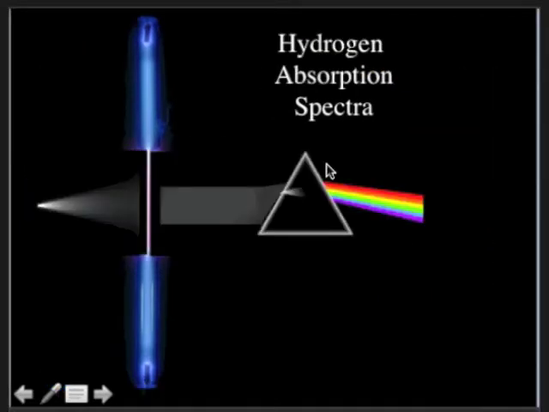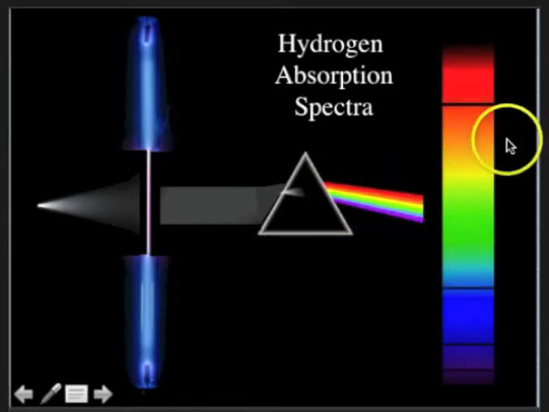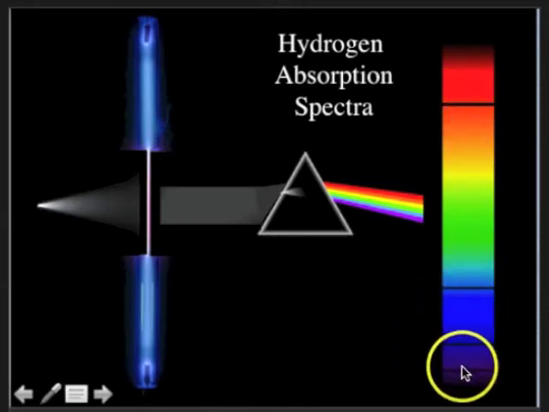There's another way that we can see a similar effect, and that is if we take white light and pass it through a tube containing a particular element, and take the light from that and pass that through a prism, and again we see the colors of the spectrum with a big difference: in each position where previously we had a line of color, now we have a dark line at those very same positions, at those very same colors.